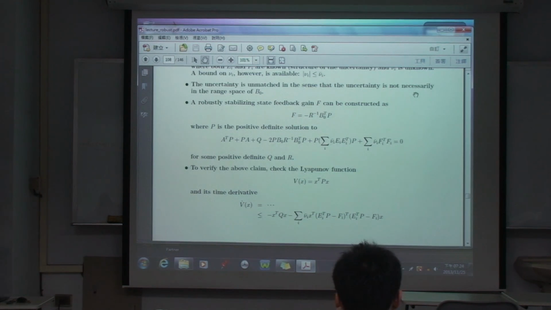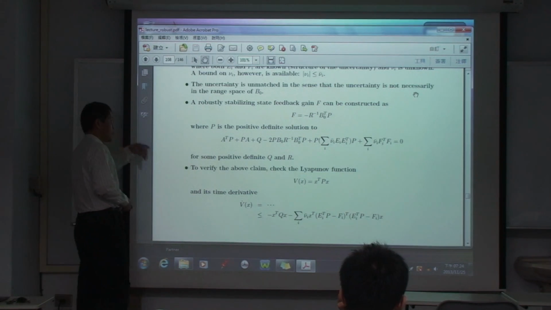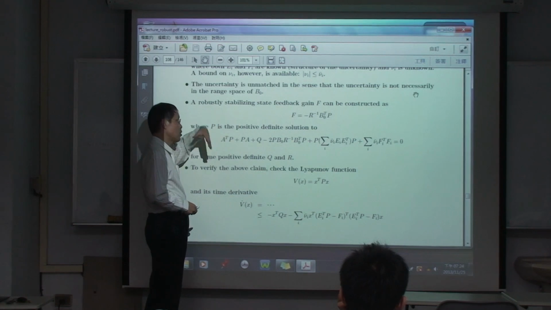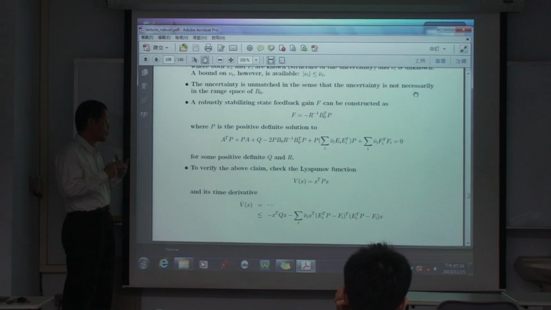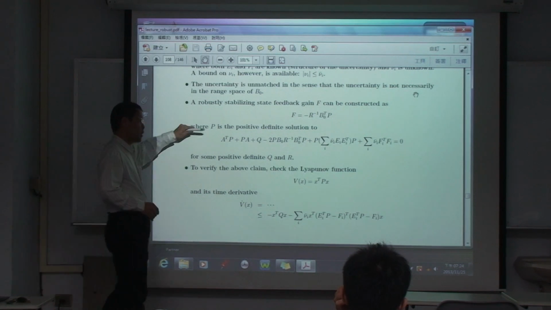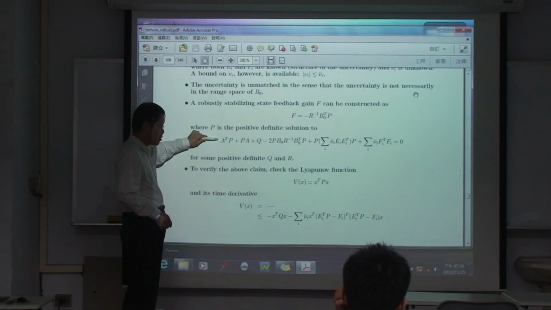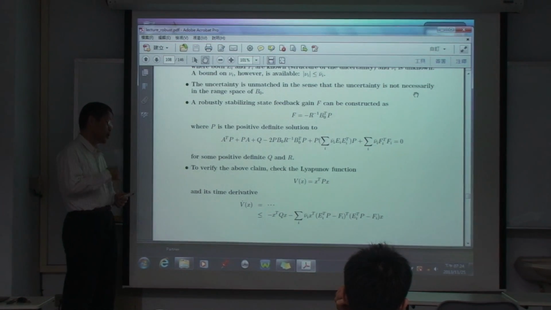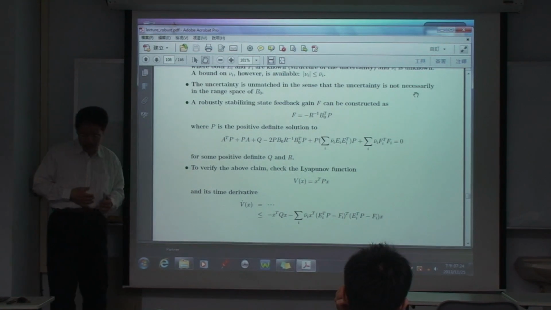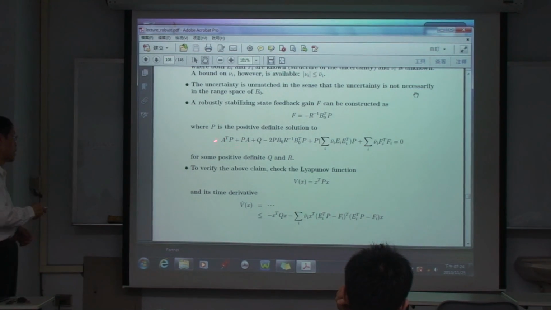That's because if you cannot find a state feedback controller that robustly stabilizes the system, then there's no way for you to have an output feedback controller to do the job. Okay? So that's fundamentally very important. So whether this particular equation is solvable definitely has many important implications for whether you can find the controller that robustly stabilizes the system. So this particular equation will definitely be interesting to us.